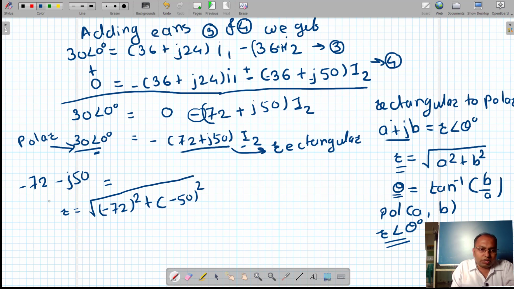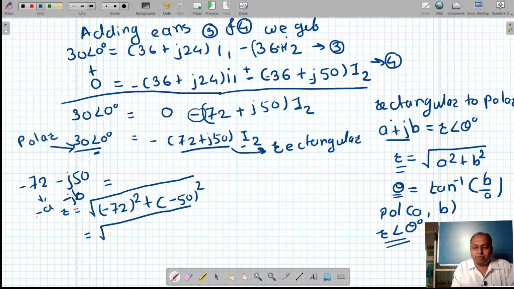Right now this is your a and this is your b, so it is in the minus a minus jb form. Therefore r can be found as the square root of this value.